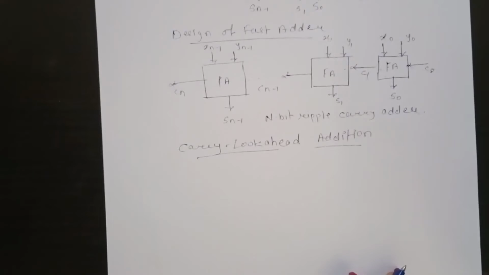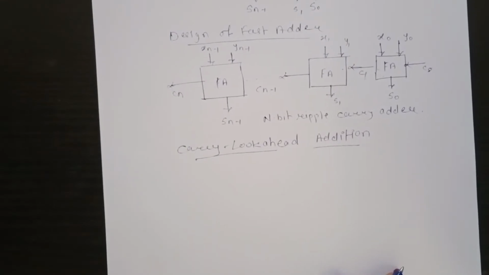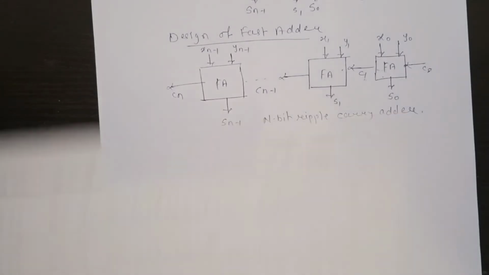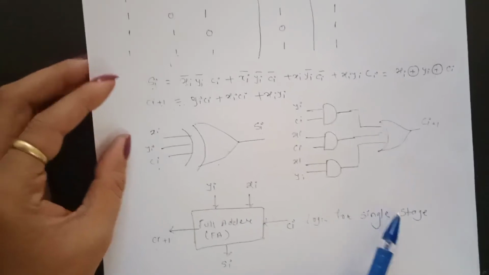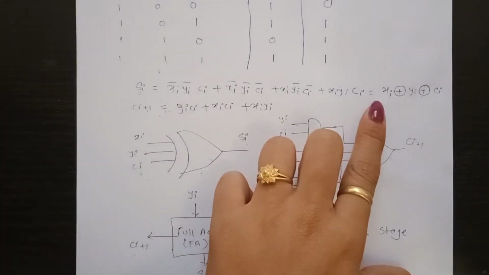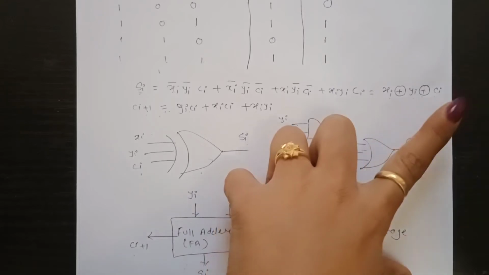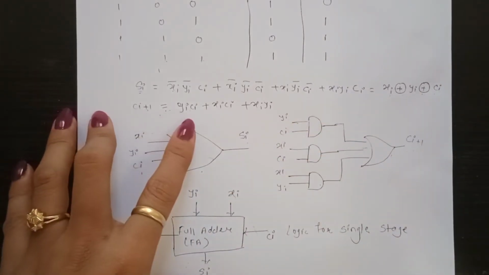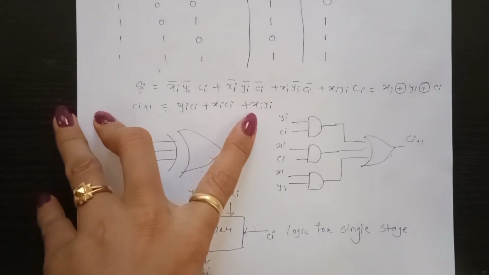Okay, now a fast adder circuit must speed up the generation of carry signals, and the logic expressions for the sum Si and carry out of stage i are these. In the first lecture we have seen that the expression for sum is Xi XOR Yi XOR Ci. Okay, and for carry Ci plus 1 it is Yi Ci, Xi Ci, Xi Yi.